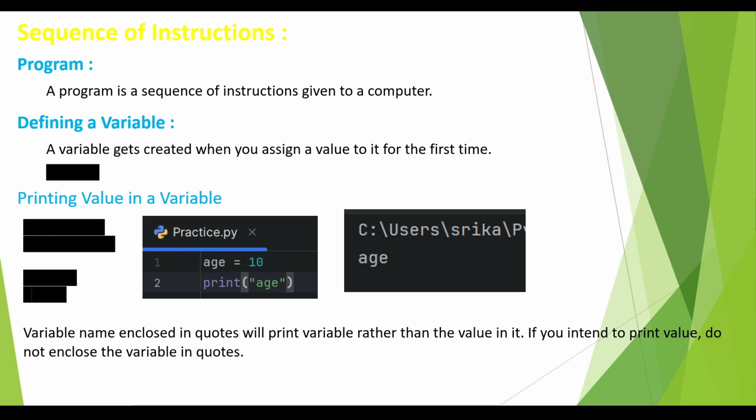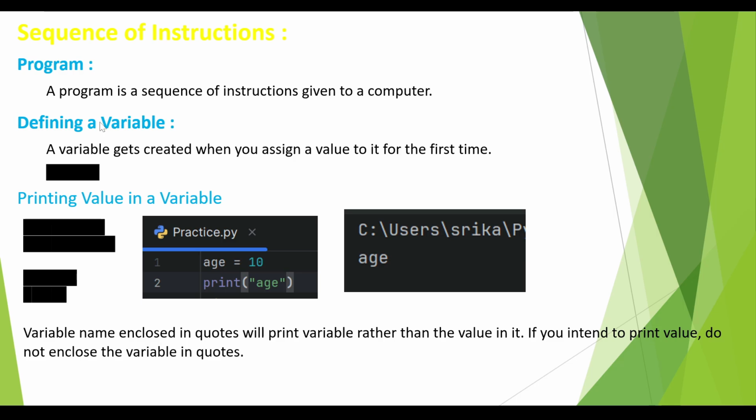Likewise, we arrange the instructions in a particular sequence, and that particular sequence we call a program. The program also executes based on the sequence. In the Python editor, the lines will execute based on the instructions.